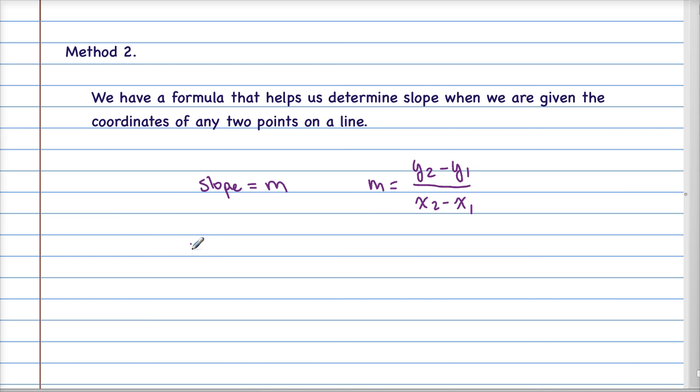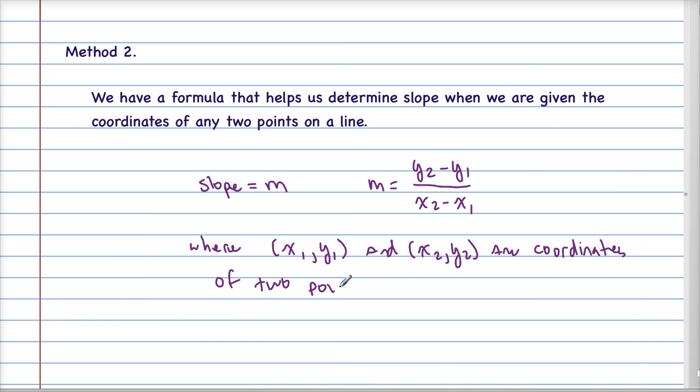In this case, we are using y2, y1, and x2, x1, where x1, y1 and x2, y2 are the coordinates of 2 points on the line that we want to determine the slope of.